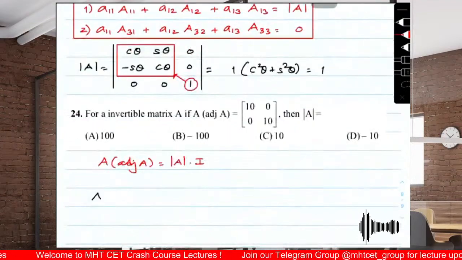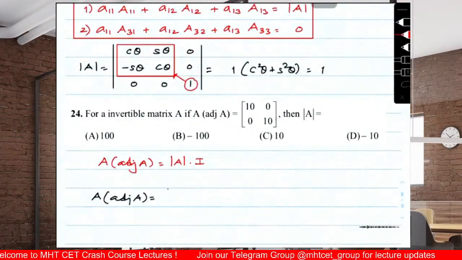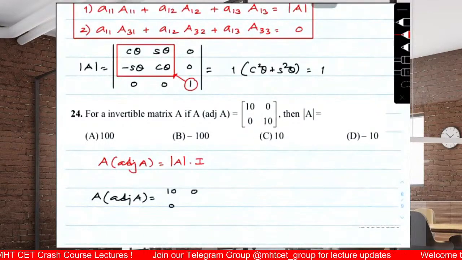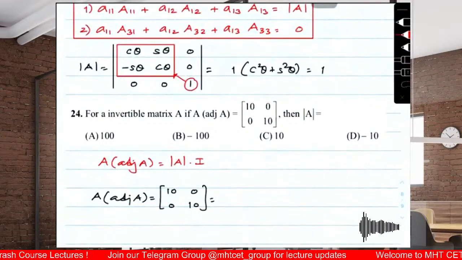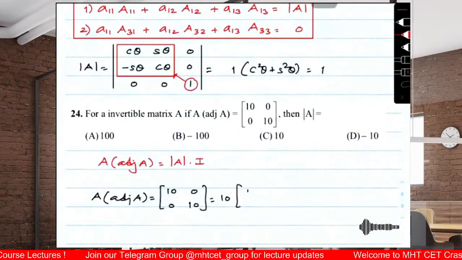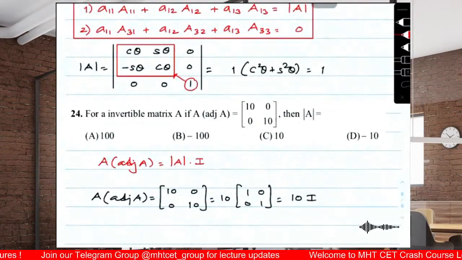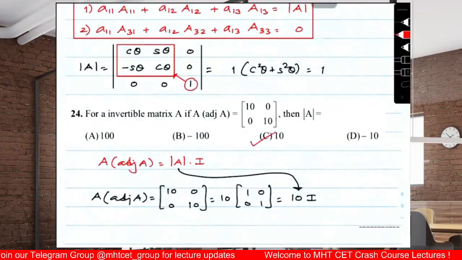So over here it is given that A into adjoint of A is [10, 0; 0, 10]. If we take 10 common, it is 10 into [1, 0; 0, 1]. That is 10I. If you compare, determinant of A is 10. C.